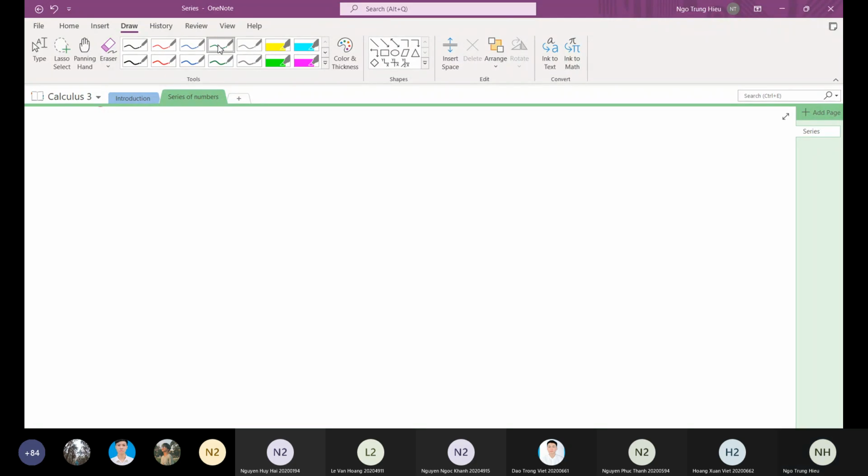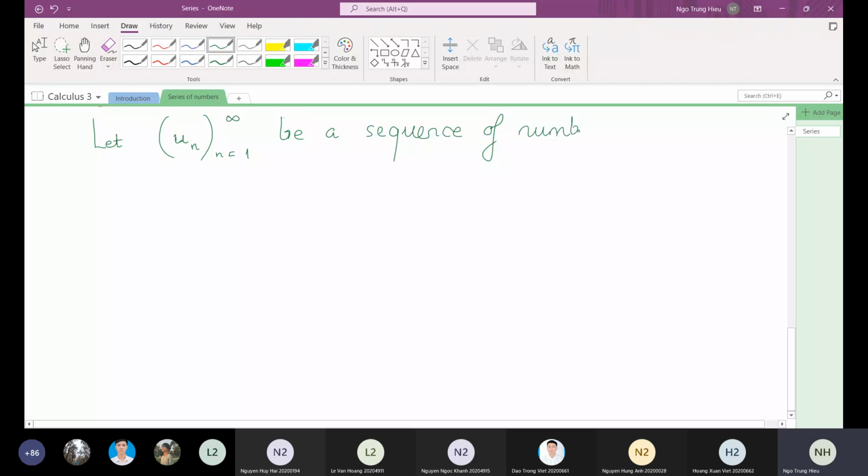So if we have a sequence of numbers, say u_n, right, then we can form a formal sum.